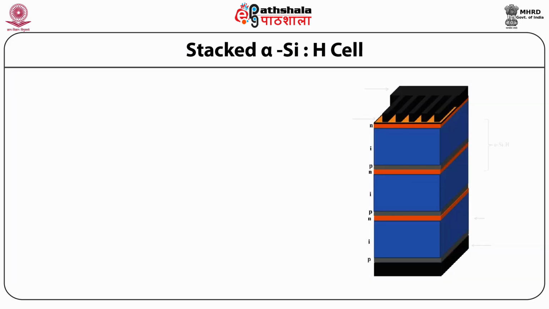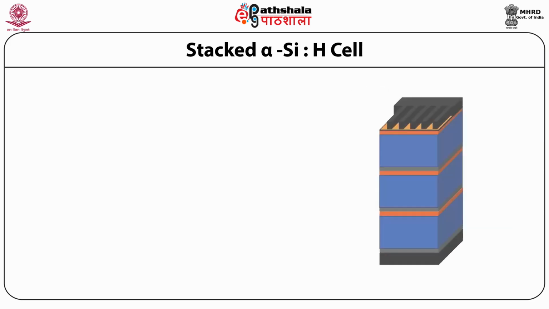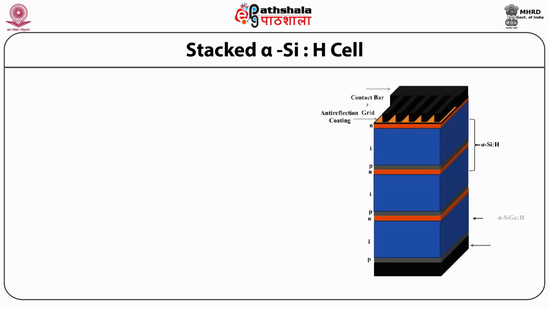Stacked alpha silicon or alpha-SiH cell. As discussed earlier, in a single junction alpha silicon solar cell, the incident photons with energy less than Eg are not utilized and they are wasted as heat, providing low cell efficiency.